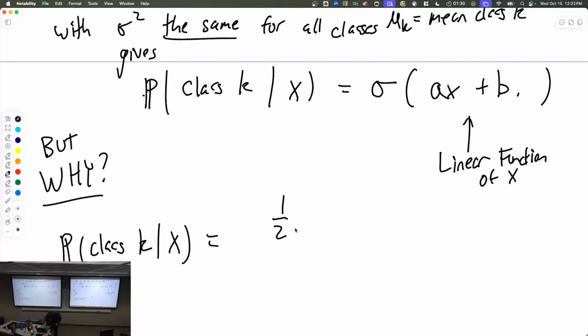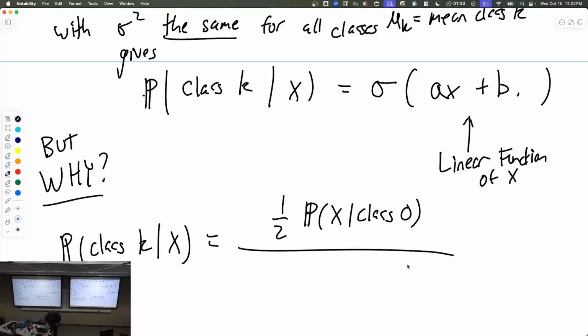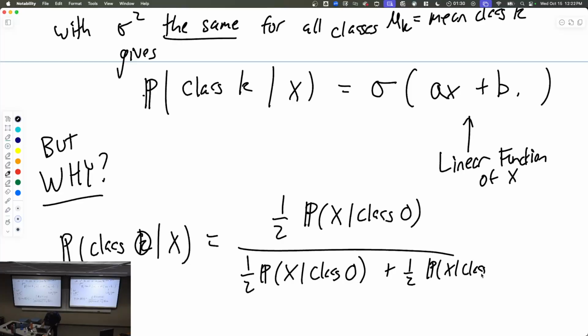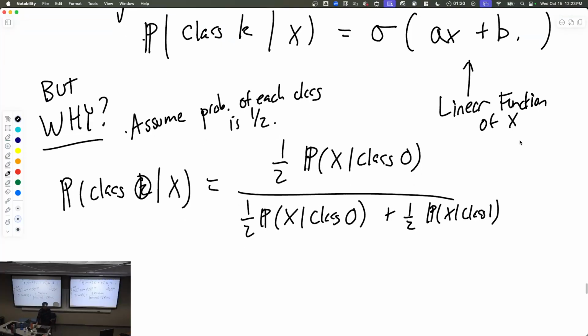So it's 1/2 times the probability of x given class 0, and then 1/2 times the probability of x given class 0 plus 1/2 of the probability of x given class 1. So I'm going to just assume for now that the probability of each class is 50%.